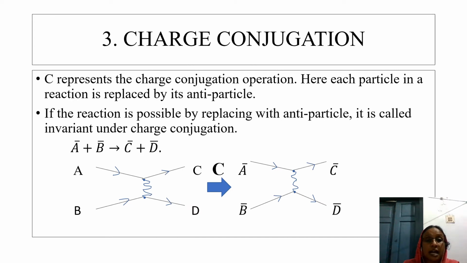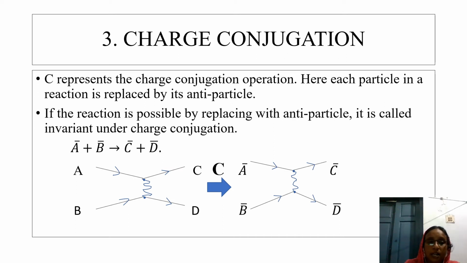Next is charge conjugation. C is the letter used to represent charge conjugation. In this case, each particle in a reaction is replaced by its antiparticle. Now we can see this as A bar.